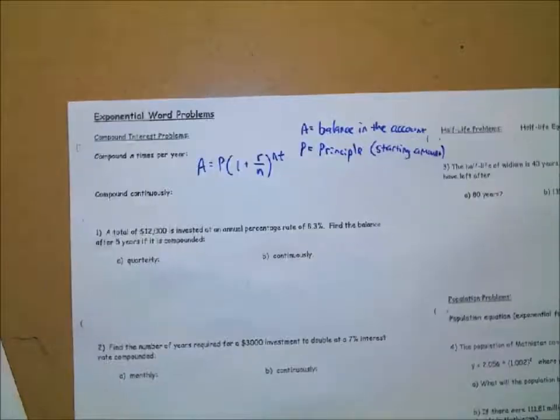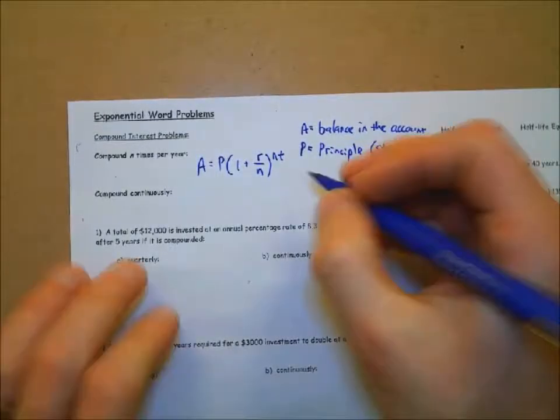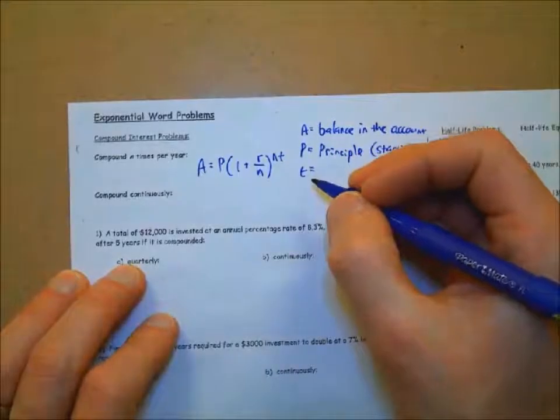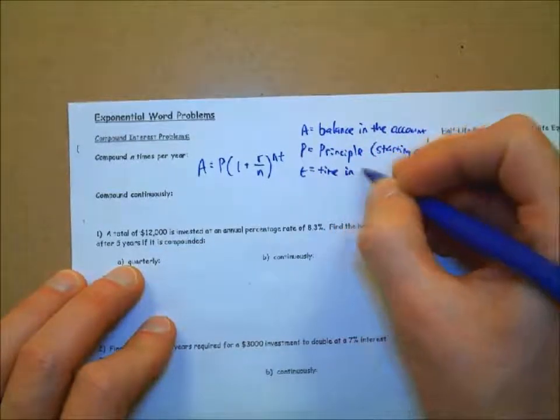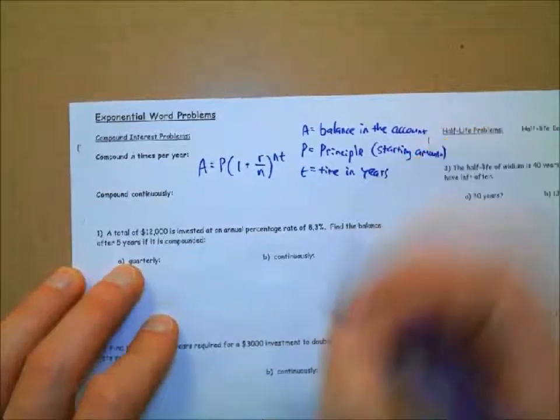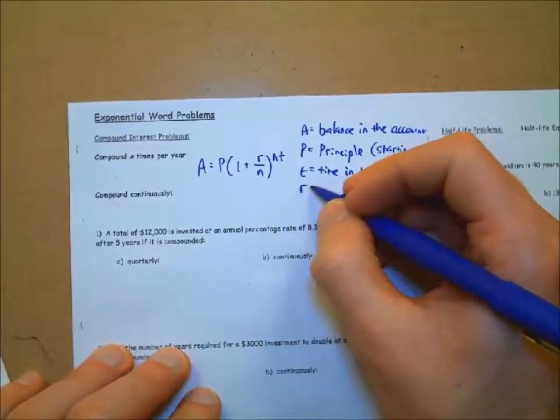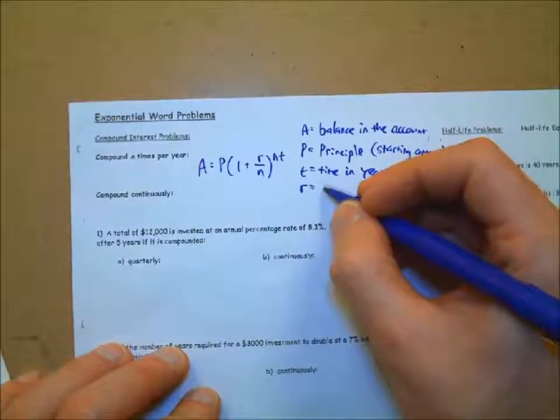All right. t represents time in years in this case. r is the annual interest rate.